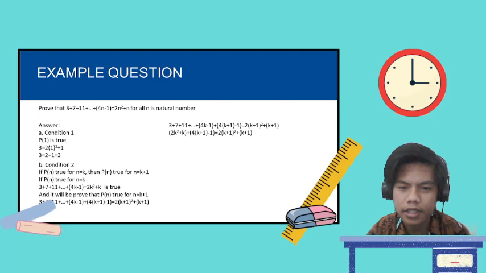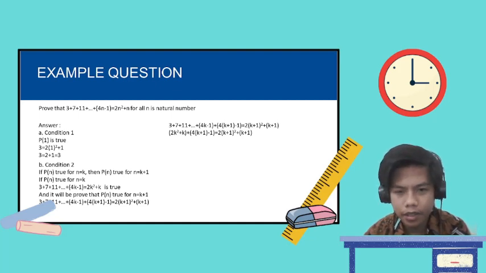So we will work with the left side. The left side can be written as (2 times k square plus k) plus (4 times (k plus 1) minus 1).